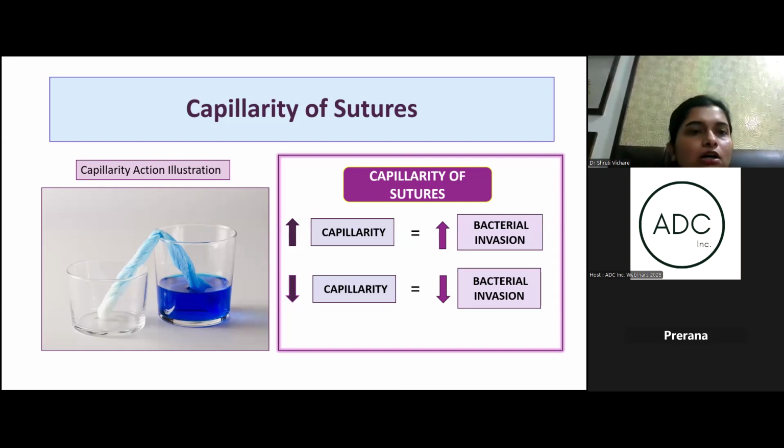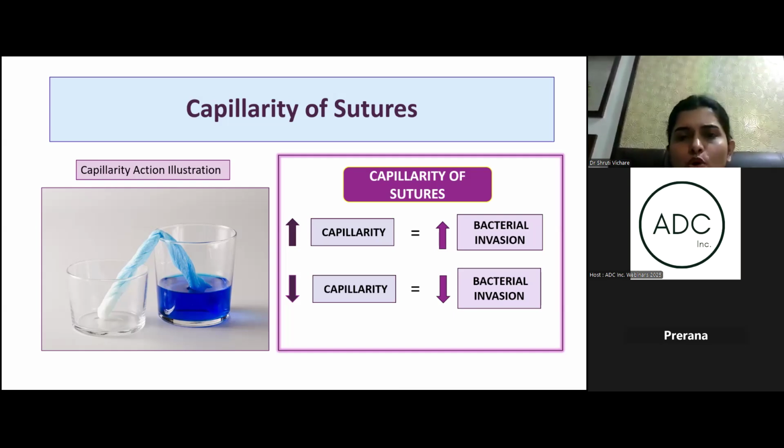Similarly, these sutures also have this property of capillarity. Okay, so when the sutures have high capillarity, that simply means their tendency to draw fluid along the length is more. I repeat, when I say the suture has high capillarity, that means the tendency of the suture to draw fluid along their length is more.